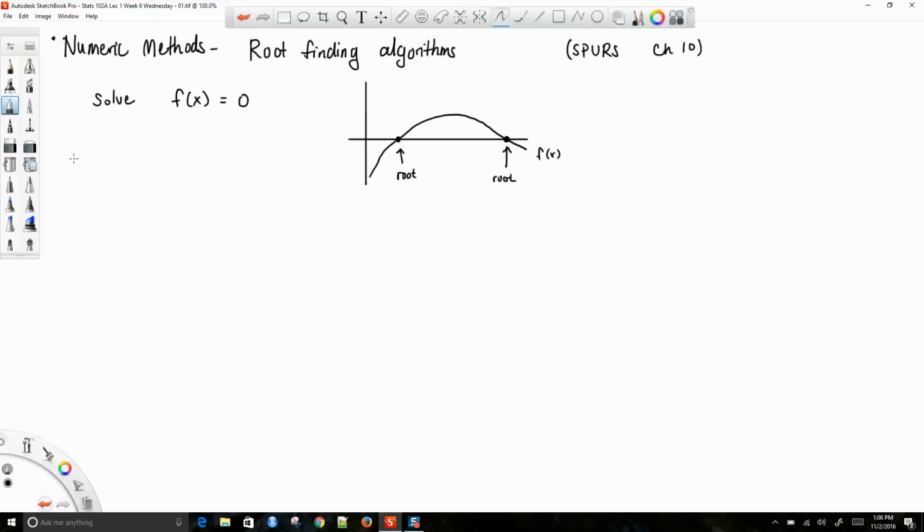So these algorithms can only give you a floating point approximation of what the root is.